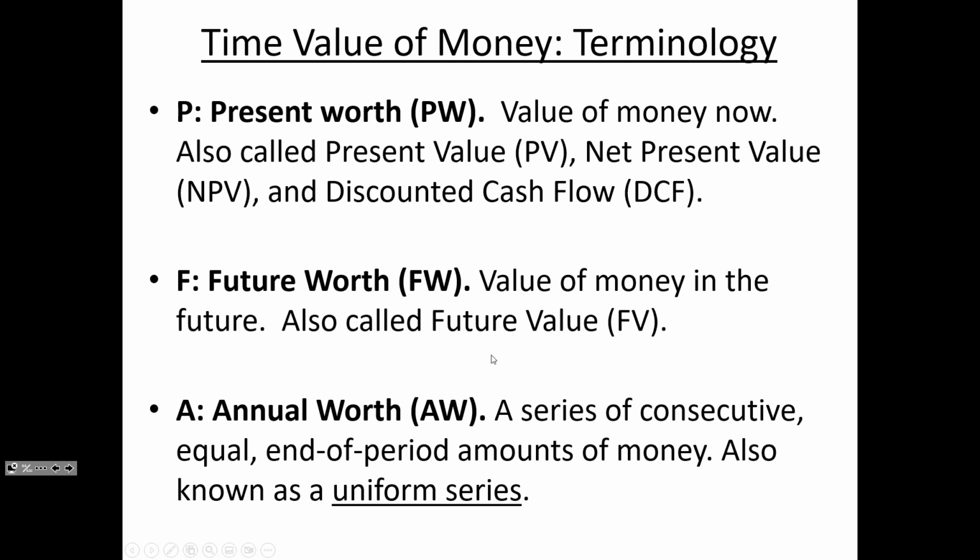This annual series, you'd take to year 3, and then you'd move it from year 3 to year 0. And then this annual series you could take straight to year 0. But the point is, this statement here is that it's a series of consecutive equal end of period amounts. So anytime you see a gap, that interrupts your annual series, and you have to be aware of that.